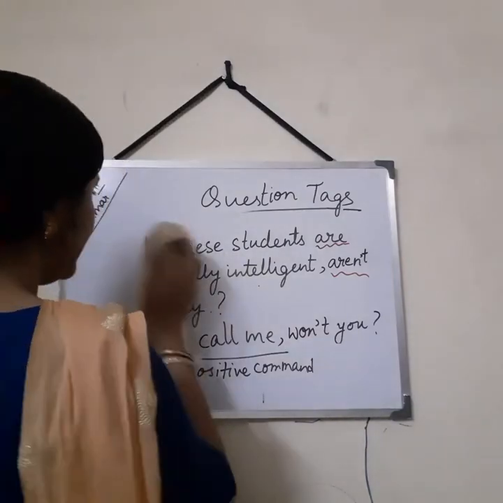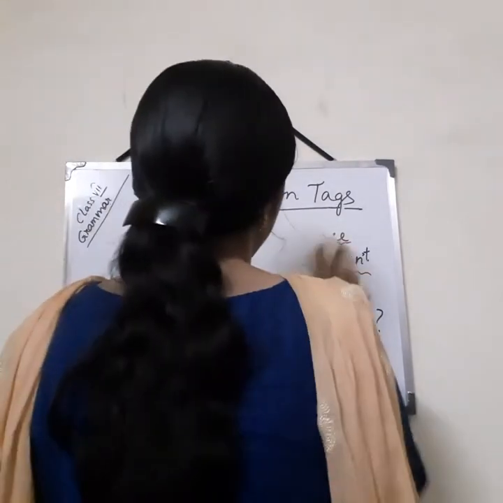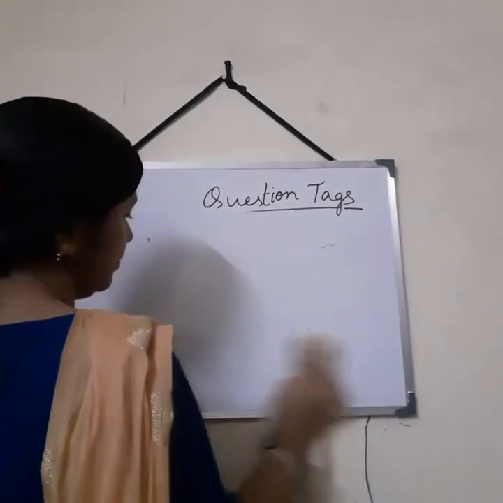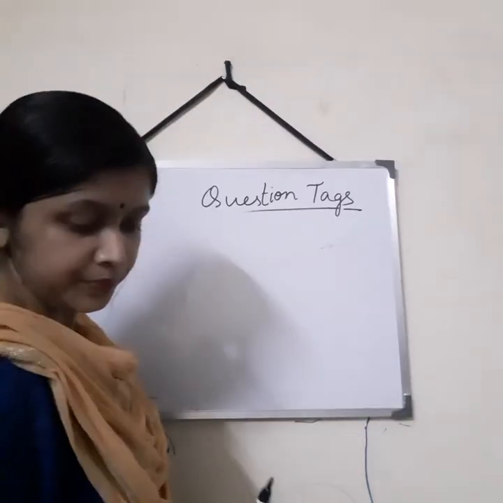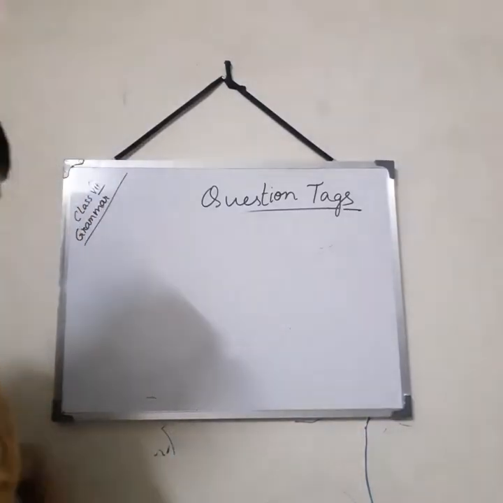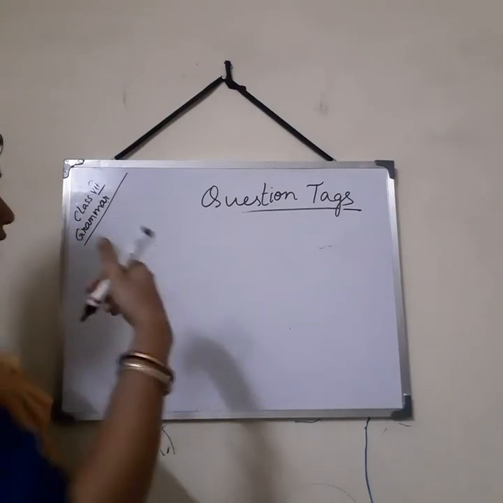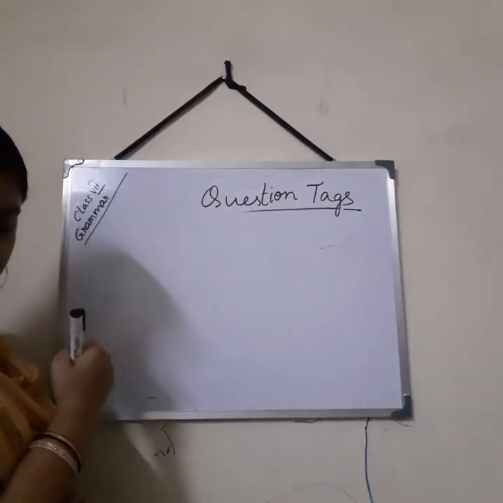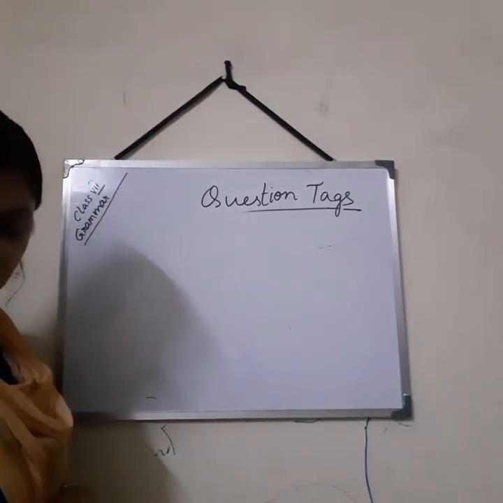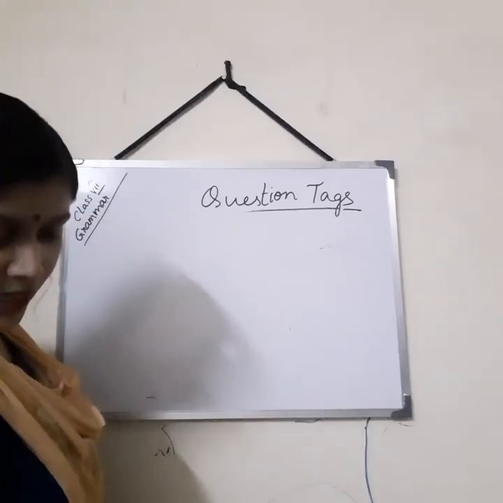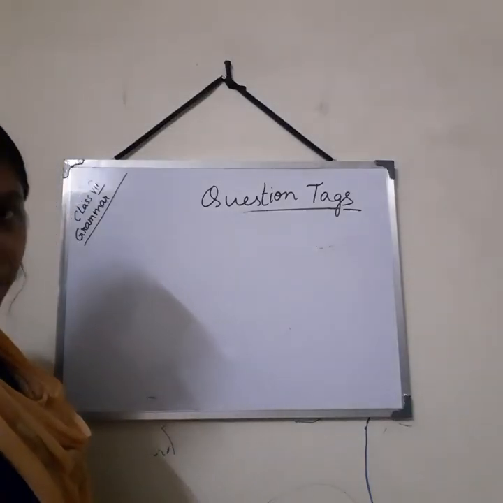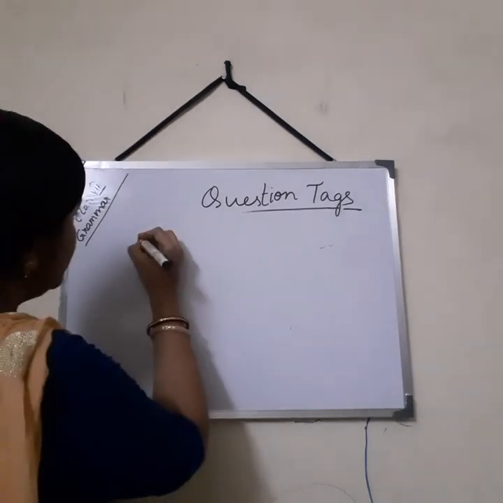Let's go to the next one. I will be putting up all the answers in the assignment section, so if you cannot write it right now, you can copy it later. This is question number 3.